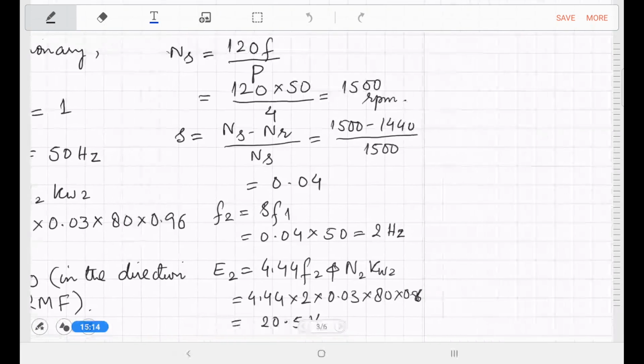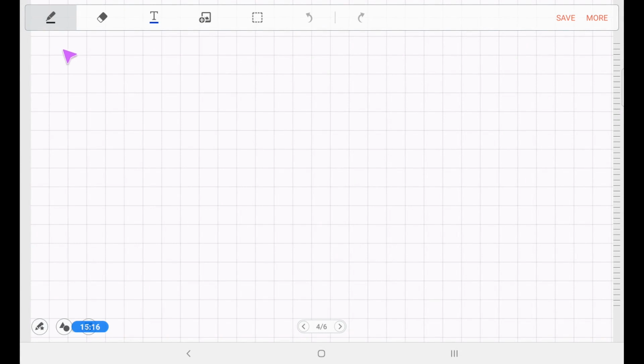Now let's consider the third case, part C of the problem. The rotor is rotating opposite to the direction of the rotating magnetic field at a speed of 1440 rpm. It is rotating in the direction opposite to the rotating magnetic field.